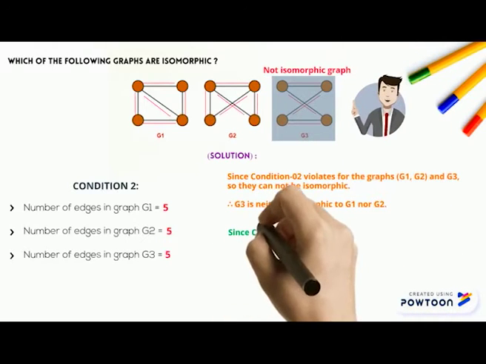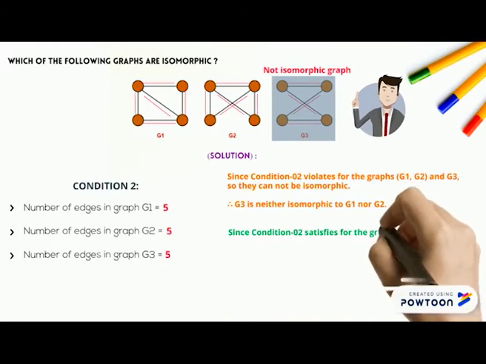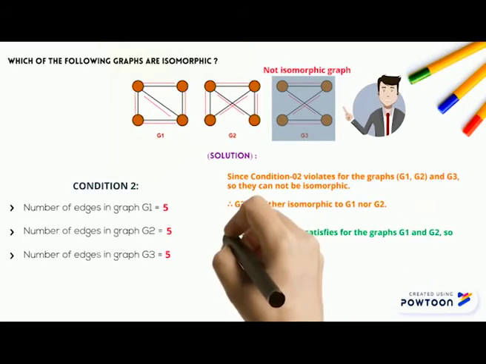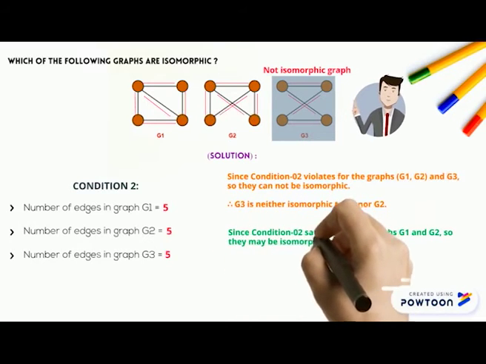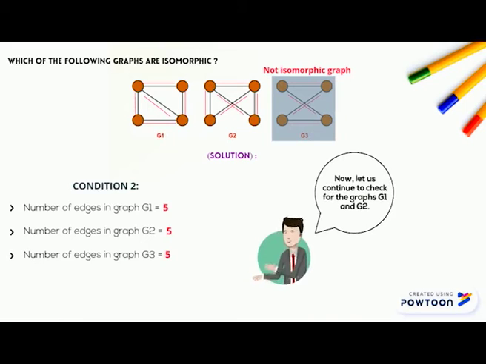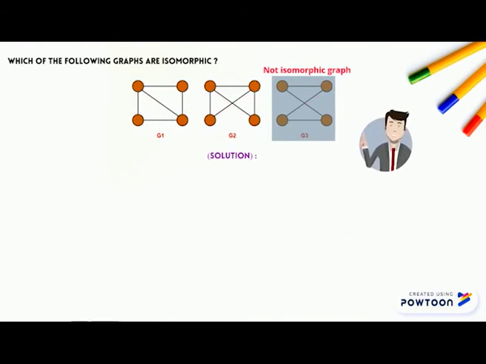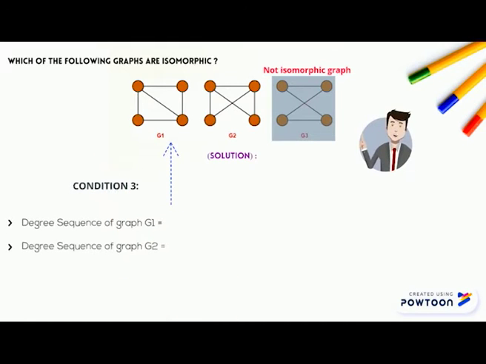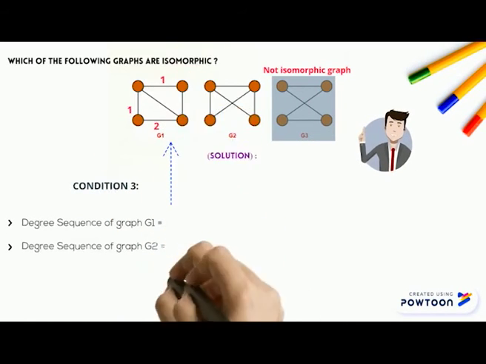Since condition 2 is satisfied for the graphs G1 and G2, they may be isomorphic. G1 may be isomorphic to G2. Now, let us continue to check for the graphs G1 and G2. Condition 3, degree sequence of the graph.